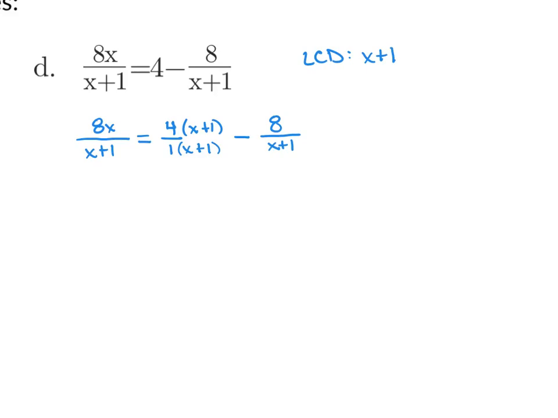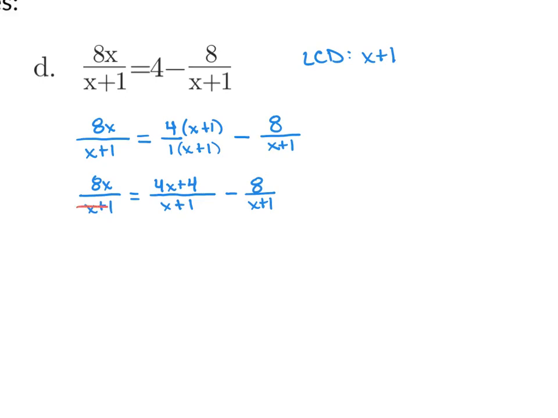Okay, so we go ahead and multiply. We get 8x over x plus 1 equals, I'm going to go ahead and distribute. We get 4x plus 4 over 1 times x plus 1 is x plus 1 minus 8 over x plus 1.